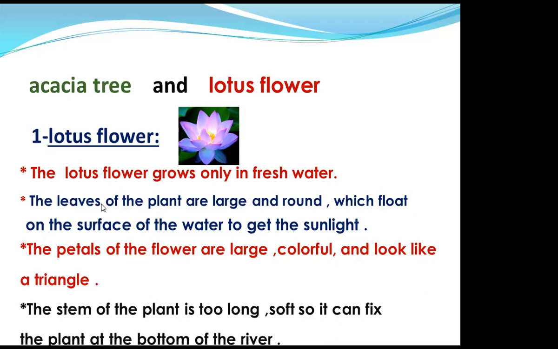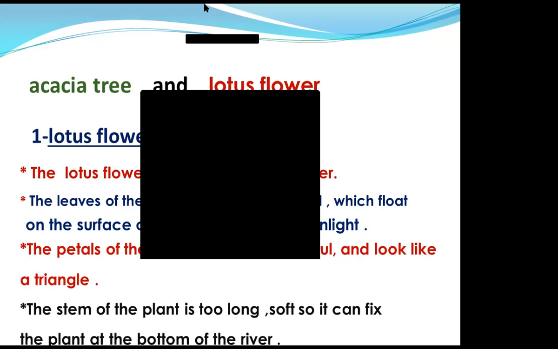The leaves of the plant are large and round, which float on the surface of the water to get the sunlight. Thank you very much, Omar.